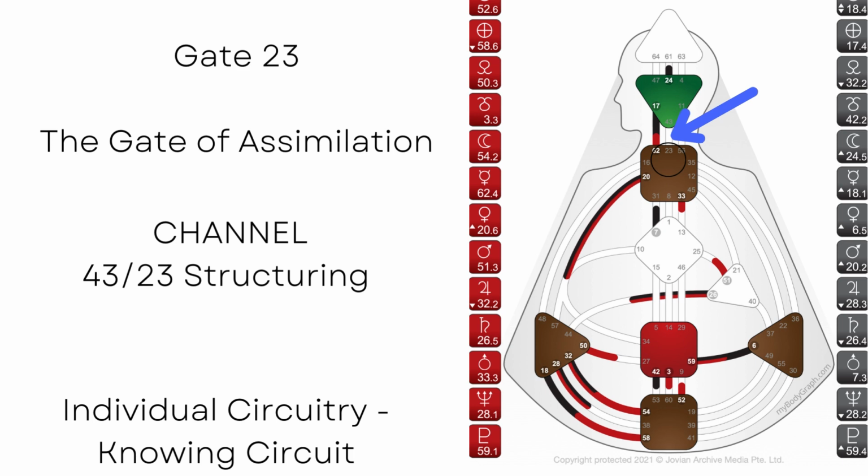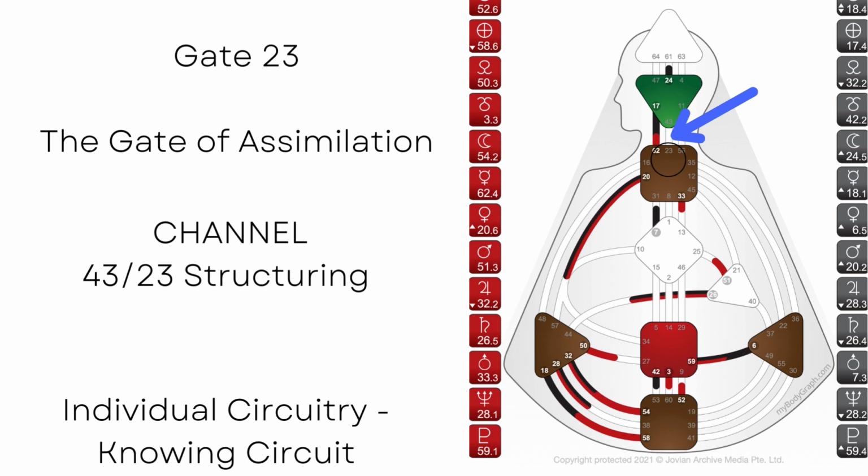This is also related to the timing of speech, which is a through line in the 23rd's expression. And when it's in shadow, it is this sort of mistiming. And that can show up as saying things at the wrong time or saying things in an inappropriate timing.